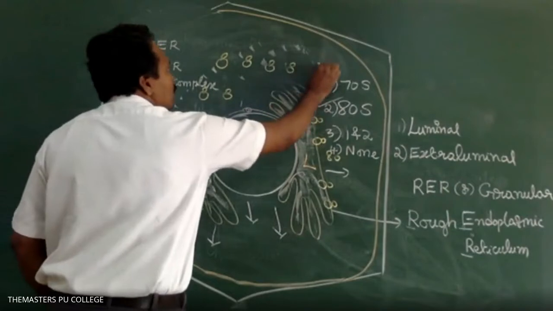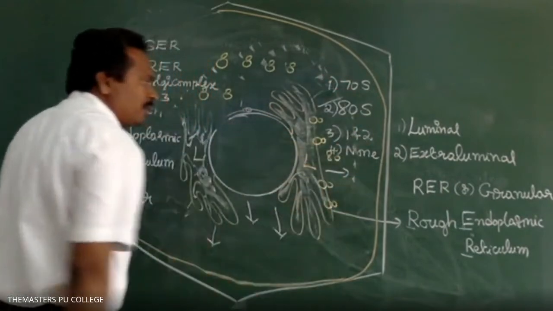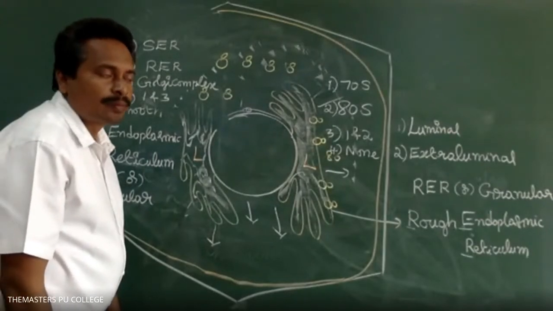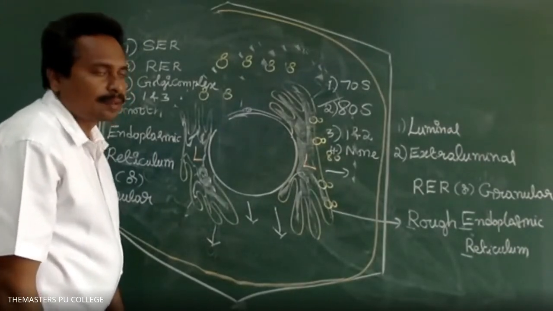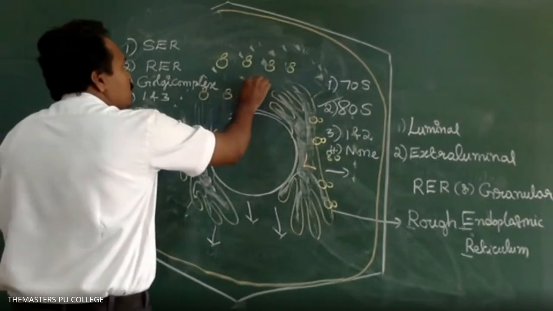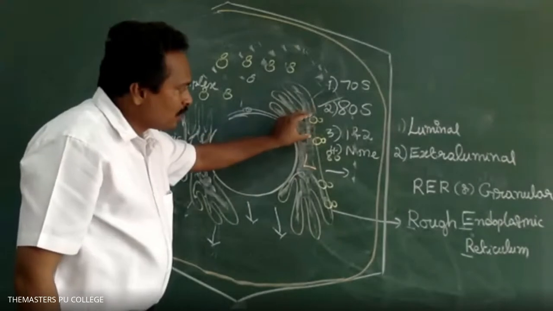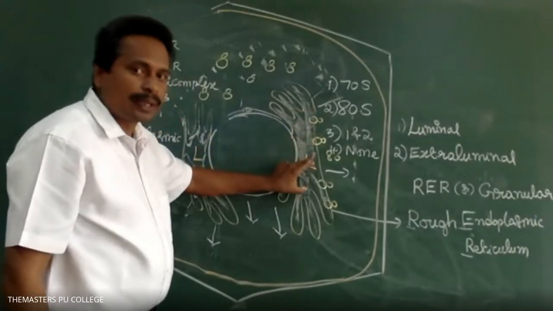So some of the ribosomes are present in cytoplasm, and some of the ribosomes are attached on the surface of the ER.